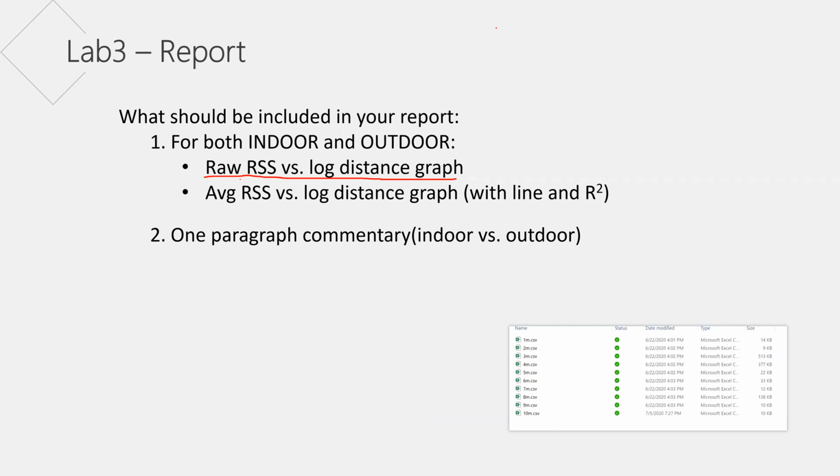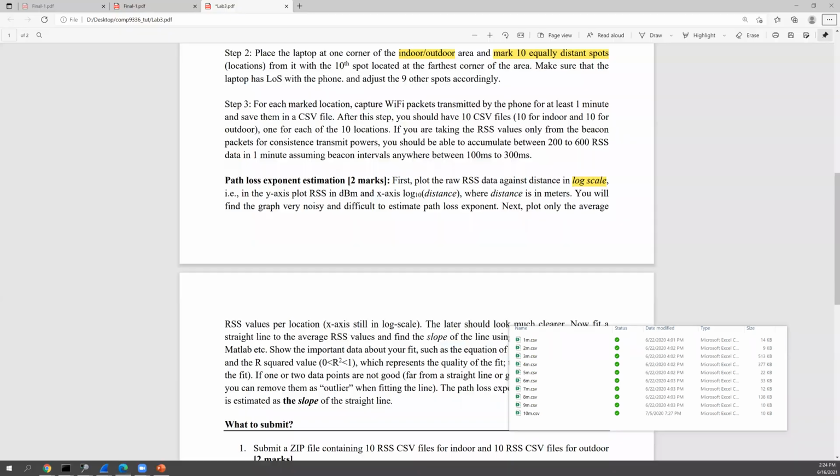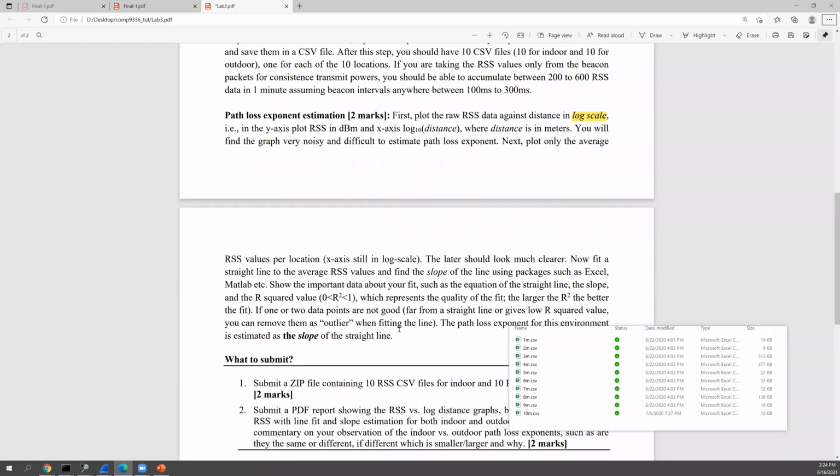The first one plots the raw RSS data, and the second one plots the average RSS data. We also need to use linear regression to draw a line on our plot and then calculate the R-square value of it. And after all, we are required to write our commentary that tells the difference between the indoor and outdoor data sets.